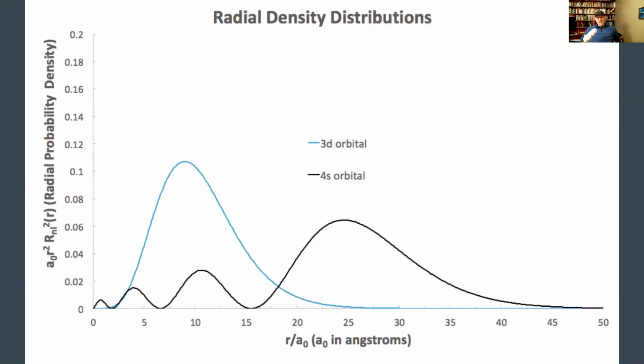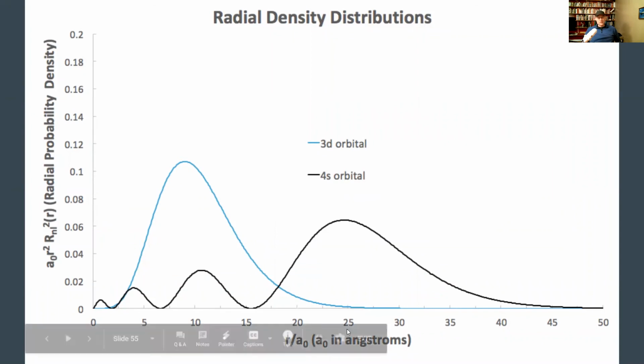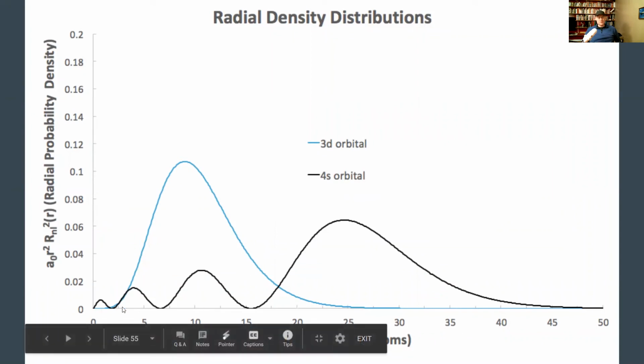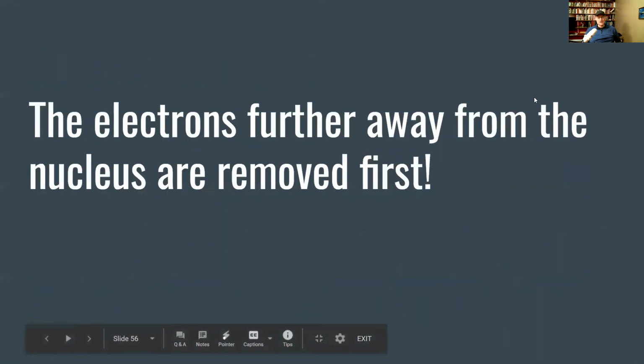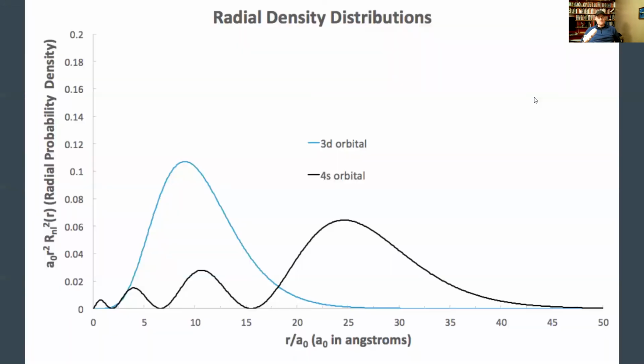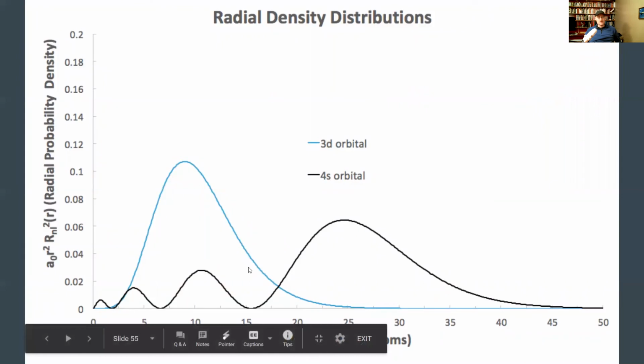Here's some data to actually back that up a little bit. What I'm really wanting to point out is that this bottom portion of the graph is describing the distance that the electrons are from the nucleus. And you'll notice that just like we were talking about the nodes before, here is where the electron in the 4s orbital is going to show up from time to time, is each one of those spots.